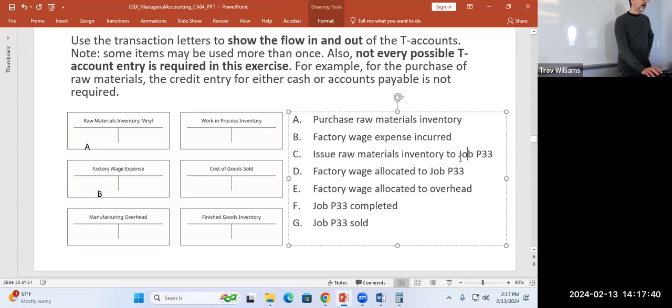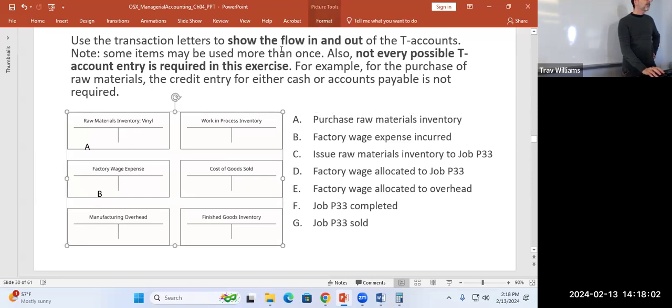All right, now we issued some raw materials inventory to a particular job. So how would we do that? I'm sorry, credit to where? Yeah, we'll credit the raw materials inventory account because it has to come out of there.